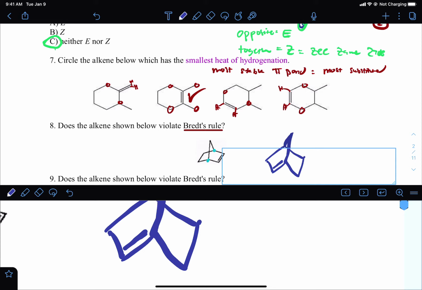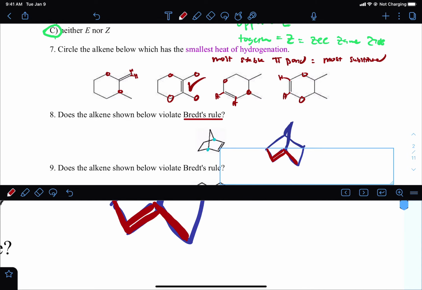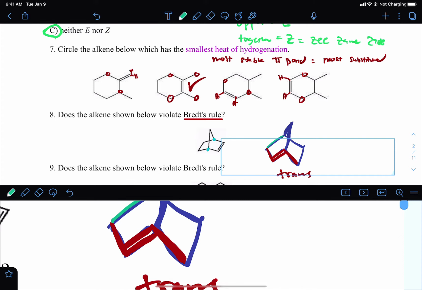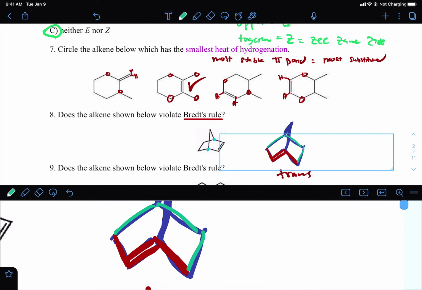It's a sleight of hand, okay? Because what I've done by putting a double bond there is I've made a trans double bond. Look at this geometry here. 1, 2, 3, 4. See that? That's a trans double bond. Trans double bond. And that's a 6-membered ring. I've literally just drawn a trans double bond in a 6-membered ring.